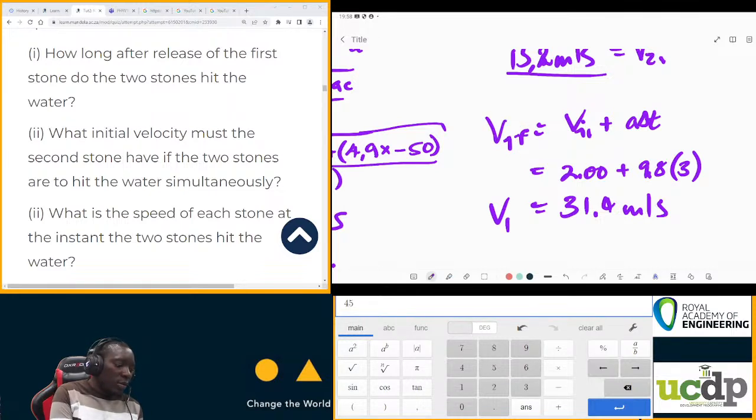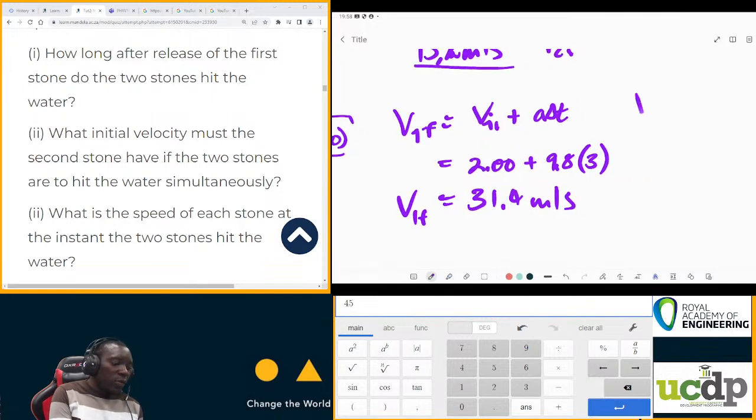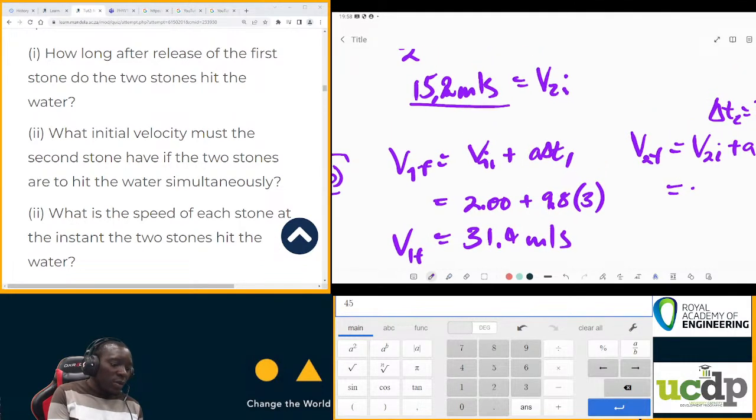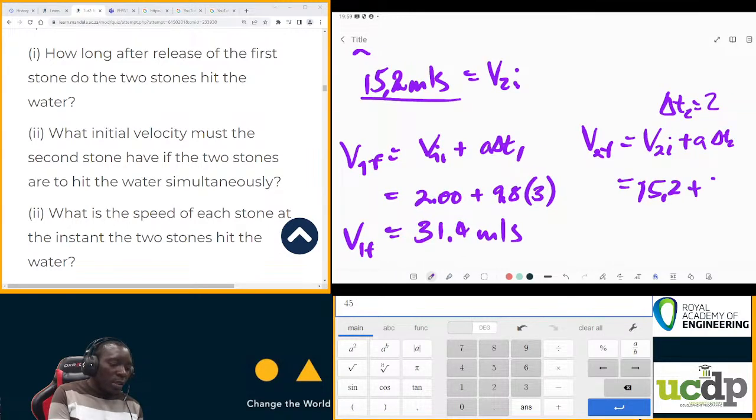And v2 final will be v2 initial plus at, where t2 is equal to 2. So that's 15.2 meters per second, which we found now, plus 9.8 times 2.